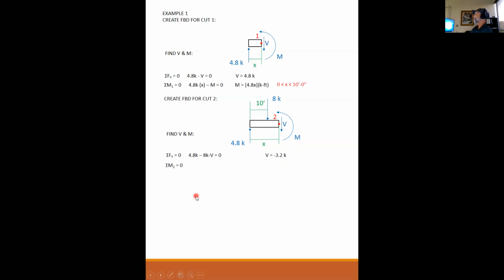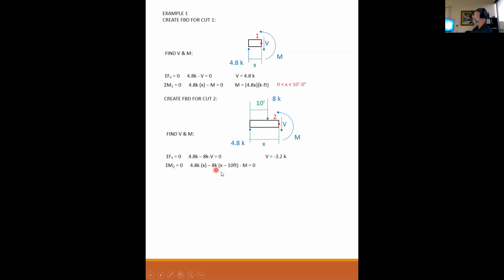Sum the moments equal to 0. I have 4.8 kips times x, tending to turn clockwise, so that's positive. I have 8 kips times, not times 10 feet. The distance from the applied load to the cut is x minus 10 feet. So this distance here, I don't know what that distance is, but I know that it is whatever x is minus 10 feet.